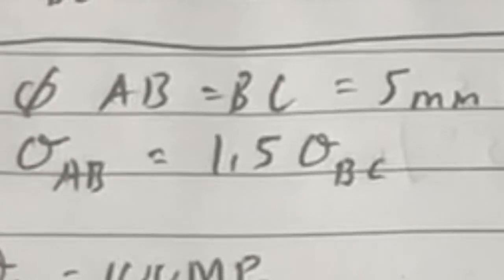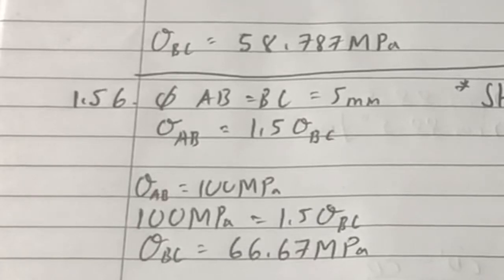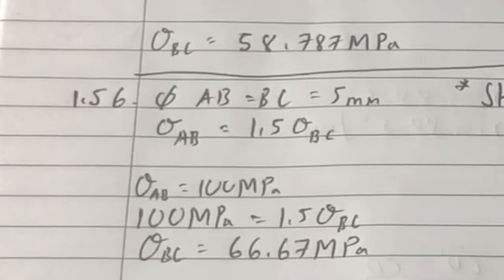Here it says not allowed to exceed 100 MPa, so we can assume that the normal stress of AB is equal to 100 MPa. Then the normal stress of BC is equal to 66.67 MPa.